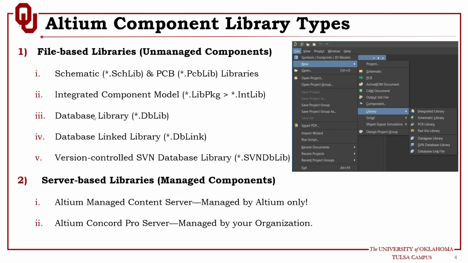So how can we solve this? In order to solve this, you need to switch to server-based libraries, or what are called managed components. For managed components, you need to use Altium Concord Pro Server, which I use in my company. So this is managed completely by your organization.